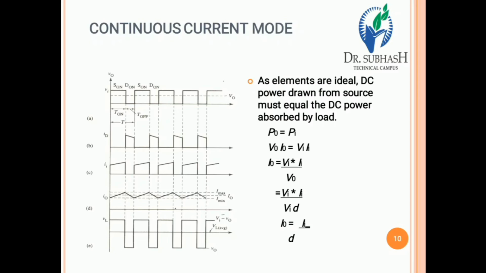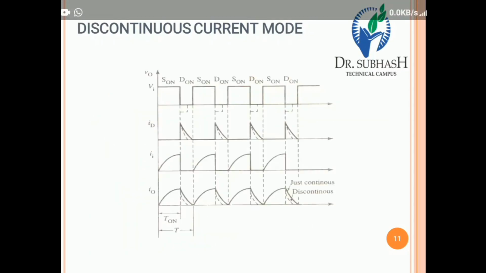So output power P0 equals Pi. Dear students, we know that P equals VI. So P0 is represented as V0 into I0, equal to Pi, equal to Vi into Ii. Finally, we calculate the equation of I0, that is Vi into Ii divided by Vi into D.